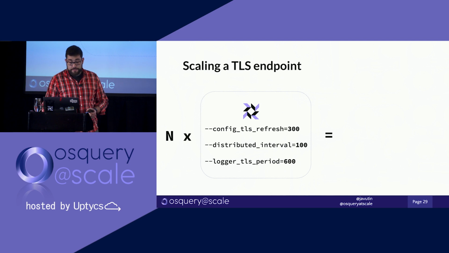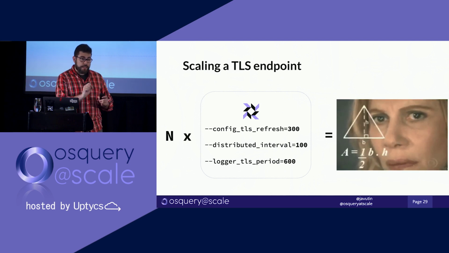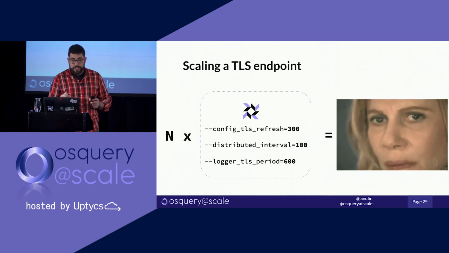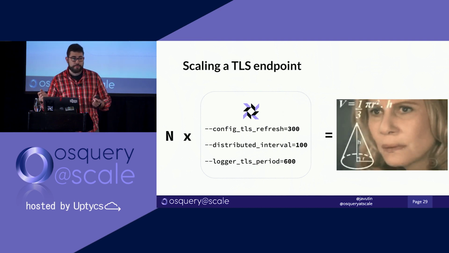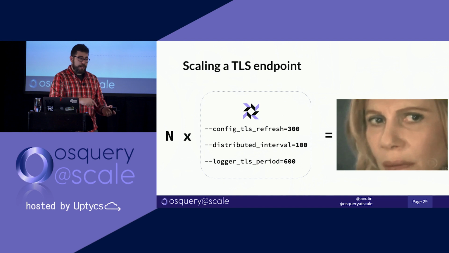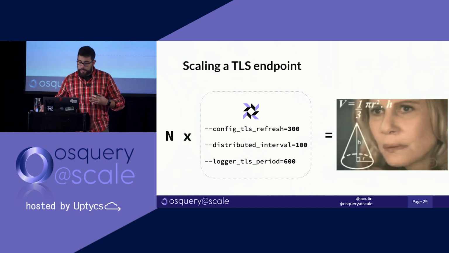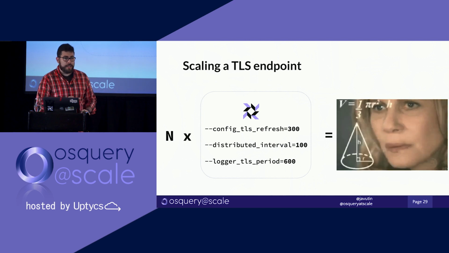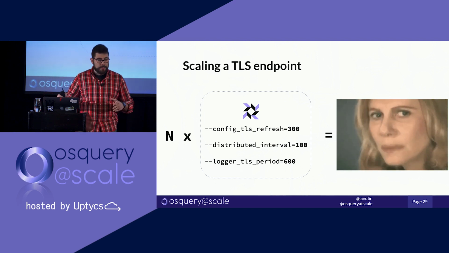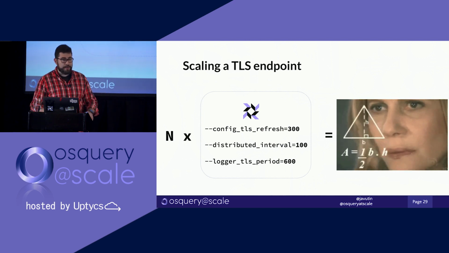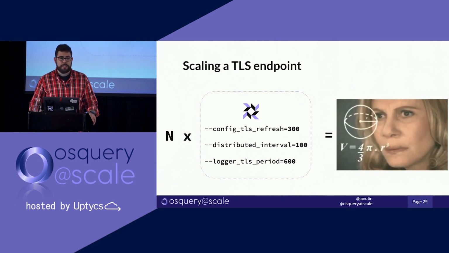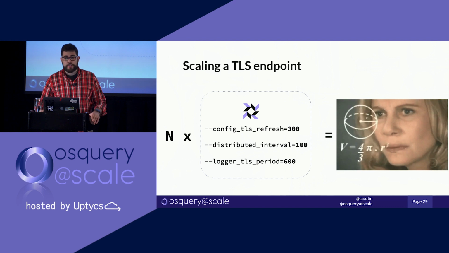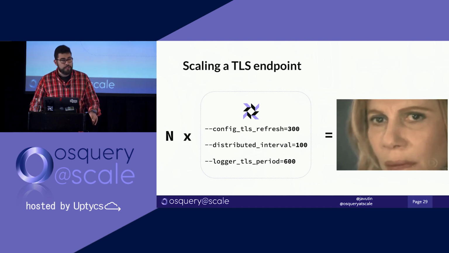Then you start making the calculations, and very soon you realize that it is not as easy as 3 requests per second, because I have a number of nodes, some intervals are higher, and these are not spread, so they're all going to come at once. So you have to start thinking about how many requests you're going to get per minute, per second, because you will need to answer those questions when you're putting together some production infrastructure.